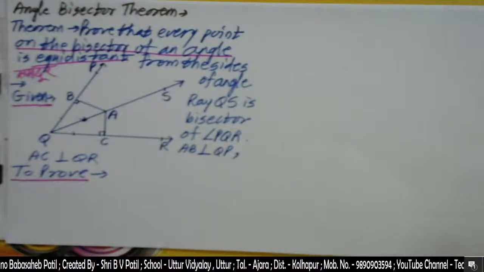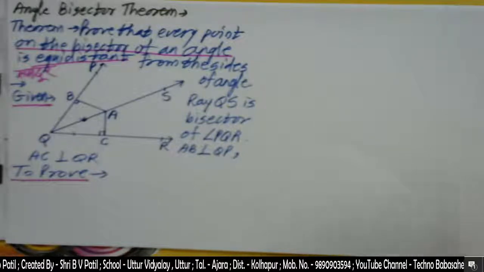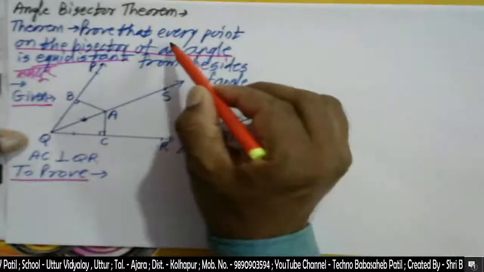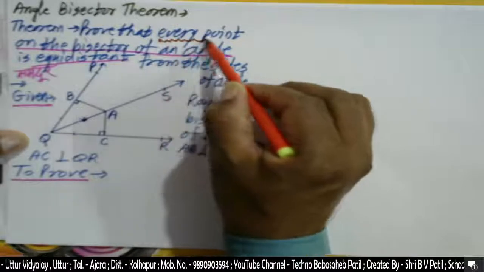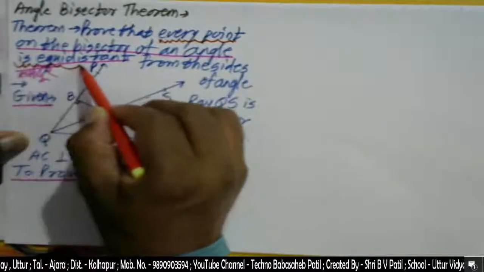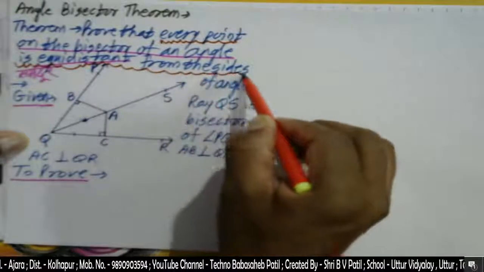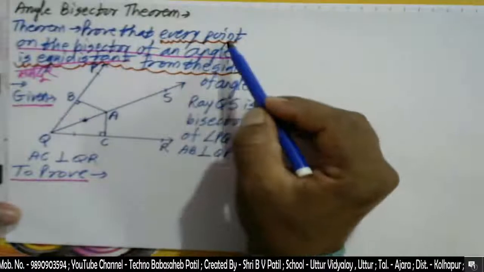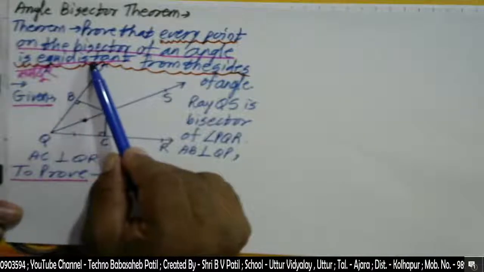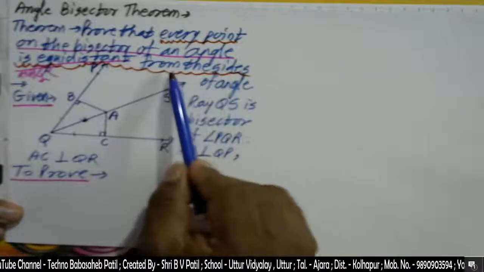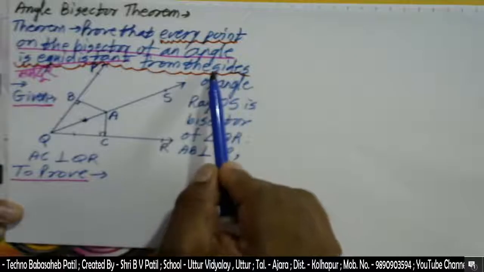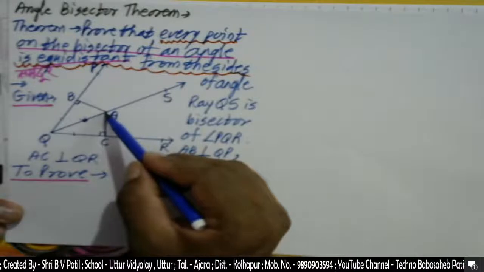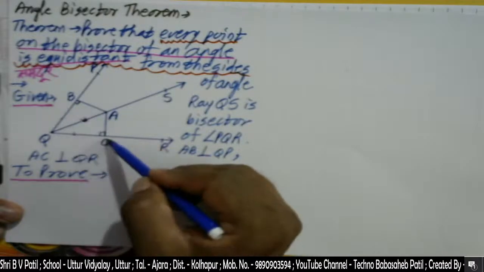In to prove, what we consider, that every point is equidistant from the sides. प्रत्येक बिंदू is equidistant म्हणजे समान अंतरावर आहे from the sides of an angle. कोणाच्या भुजेपासून समान अंतरावर आहे. हा जो पॉइंट ए आहे तो या भुजेपासून सारख्या अंतरावर आहे.